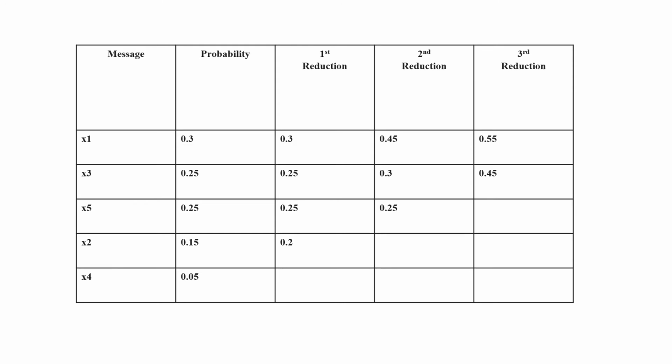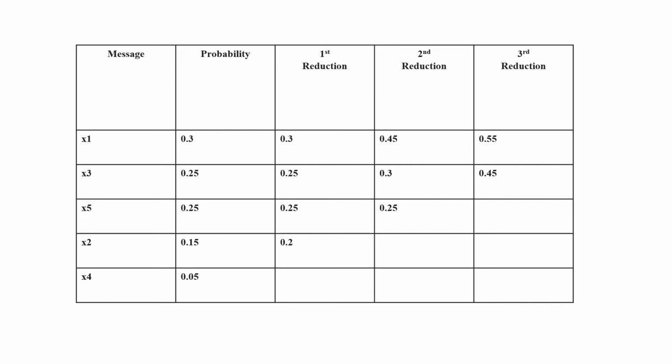As told in the procedure, first we have to arrange all the probabilities in decreasing order. The decreasing order is x1, x3, x5, x2 and x4, that is, the corresponding probabilities 0.3, 0.25, 0.25, 0.15 and 0.05.